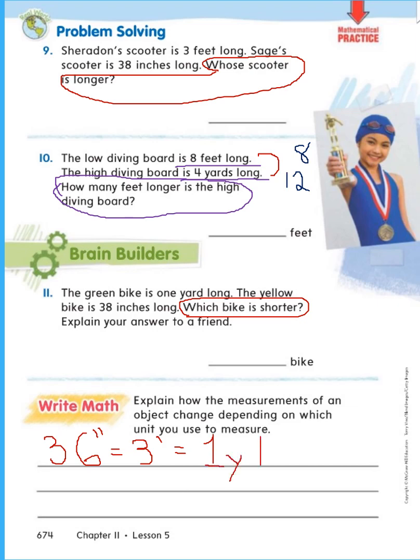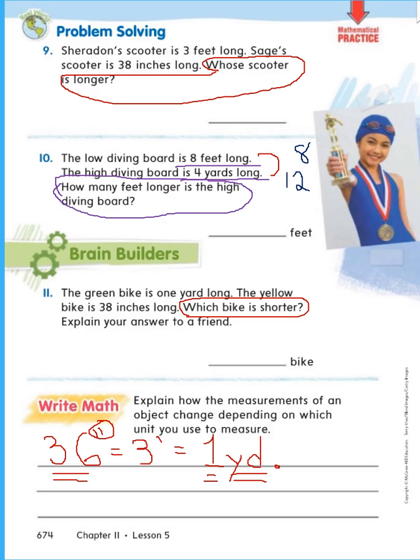These are all the same. But what changes? Well, when we have a small unit, we have a big number. When we have a big unit, we have a smaller number. Okay, so think about that. When we're comparing inches and yards, the inches number is always going to be bigger because inches are so much smaller.